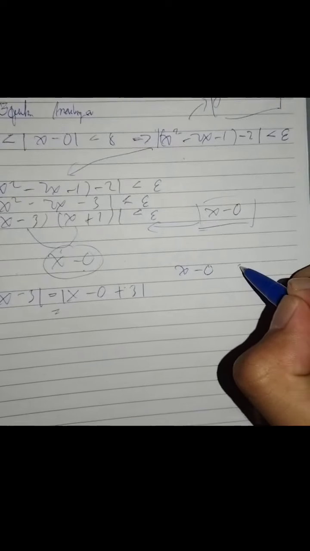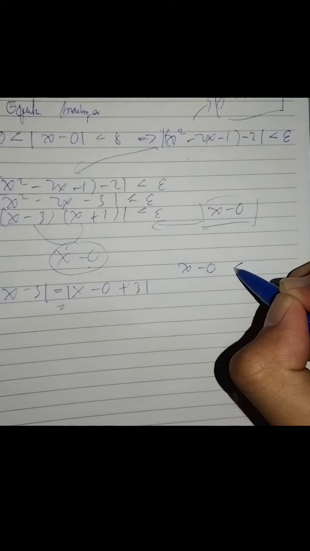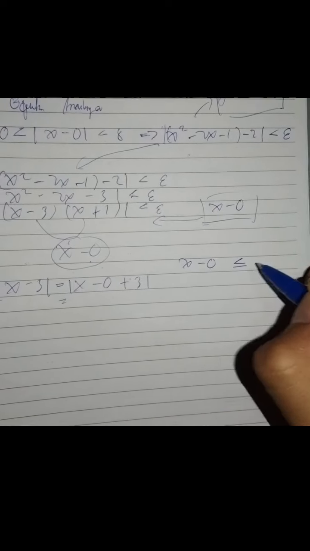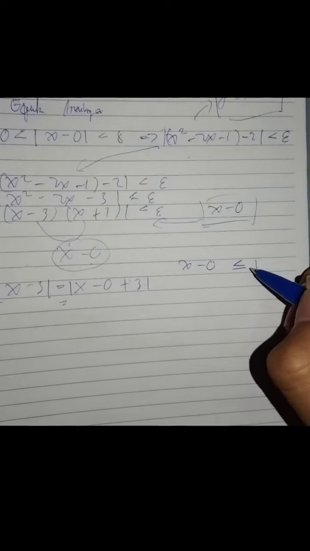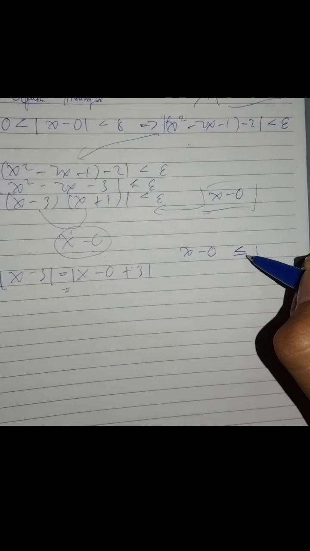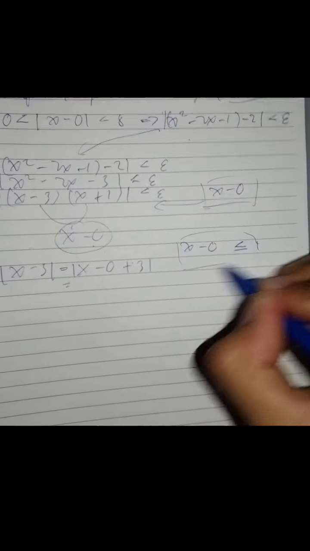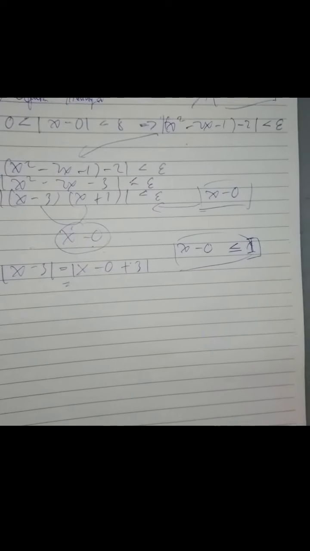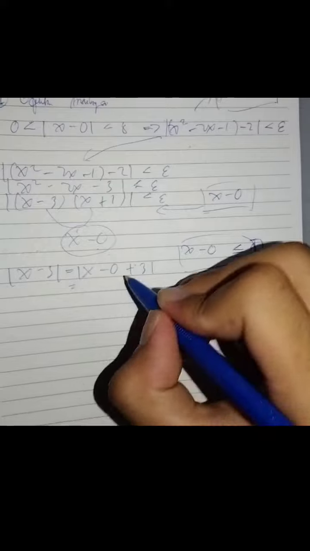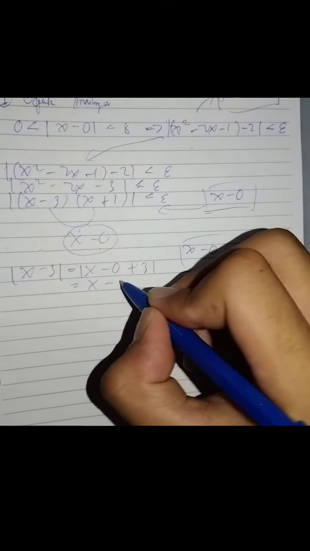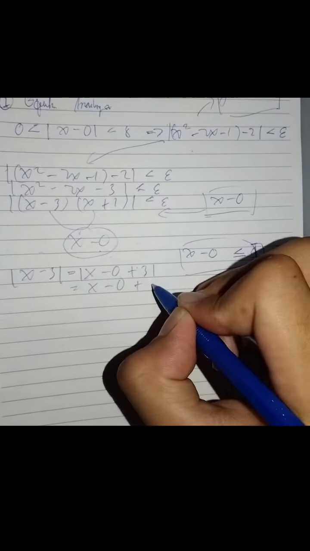So before we agree about the x minus 0, it's smaller than or equal to 1. So using this, we can write x minus 0 plus 3.